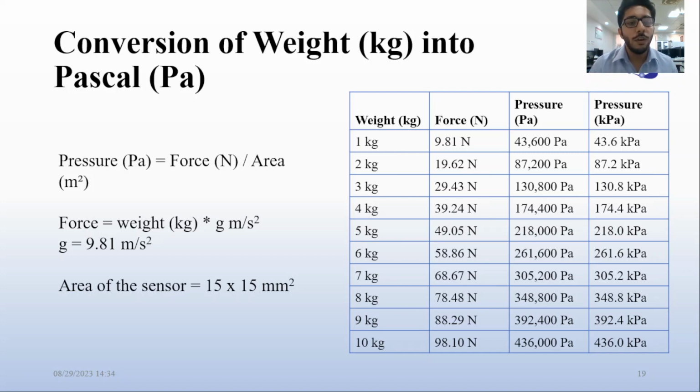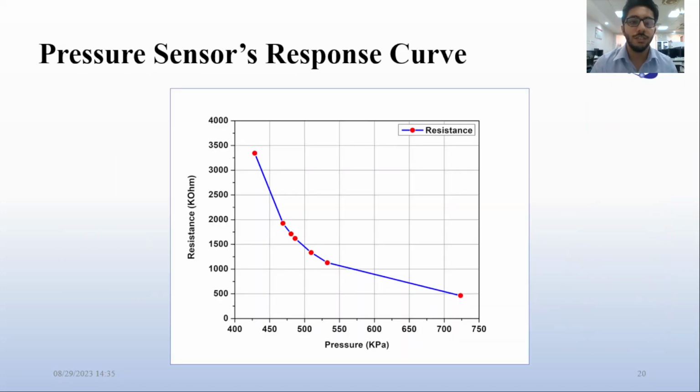The pressure is equal to force per unit area, and for the area we have used 15 into 15 square, which is the same area as our sensor. The weight has been determined from the weight scale, and g is the value of 9.8 meter per second square. So we have followed this table and implemented it in our calibration process.